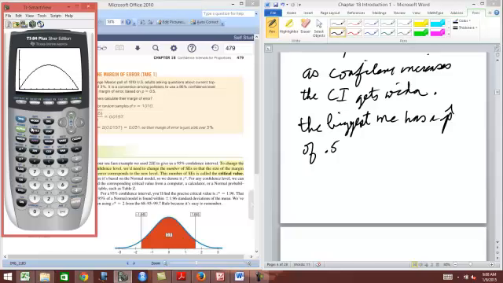And let's just prove that to ourselves. If we do a calculation on the max, number 4 here. Okay, and I'll arrow a little bit to the left to make sure I'm to the left of the max, and I hit enter, and I'm going to arrow to the right, and I hit enter, and then enter again, and you can see the maximum is at 0.5, and obviously that product is 0.25.